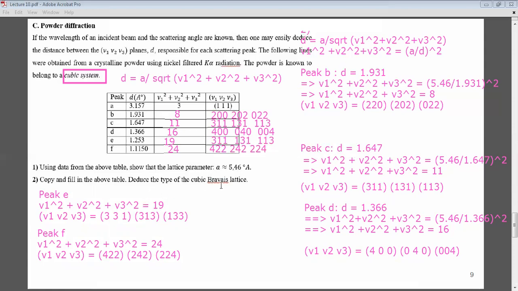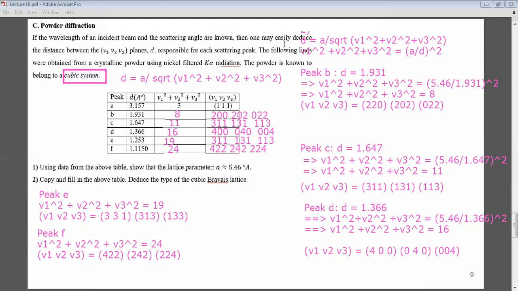Now deduce the type of the cubic lattice. Notice, when did I get diffraction? Here I have 1, 1, 1. All of them are odd. Here 2, 0, 0, 2, 0, 2, 0, 2, 2, all of them are even. Here, all of them odd.